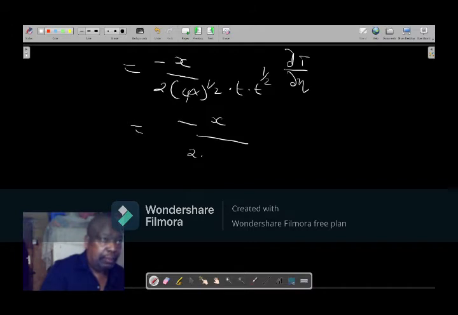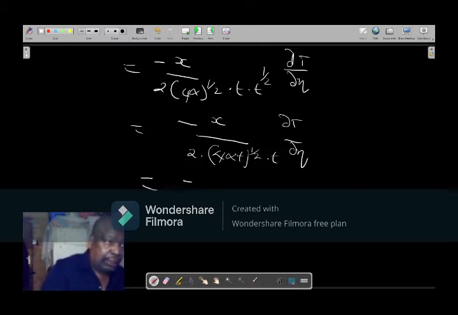I'll take t to the power of a half inside here, so that I get, in brackets, 4 alpha t to the power of a half times t, and that is dT by d eta. So this is equal to minus x over 2t, 4 alpha t to the power of a half, dT by d eta.